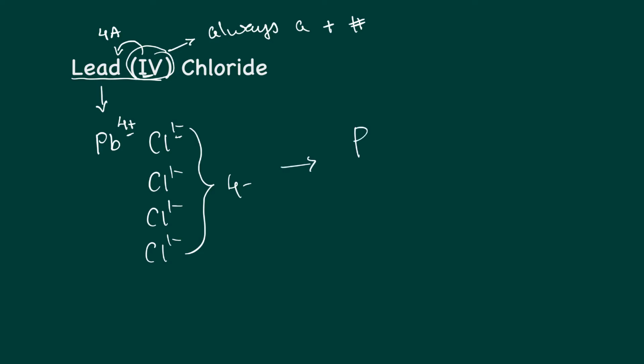And so the formula you get is PbCl4. Okay? Please, please, please do not confuse that this 4 is this 4. There's absolutely no connection there. This is pure coincidence that you got a 4 at the bottom and you have a 4 as a Roman numeral. So the formula for lead 4 chloride is PbCl4.